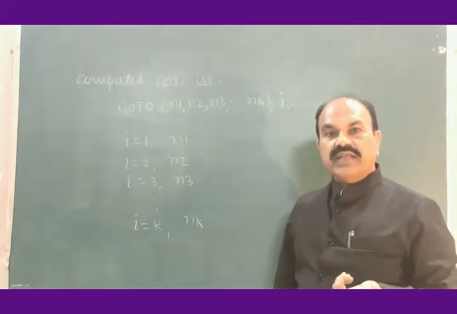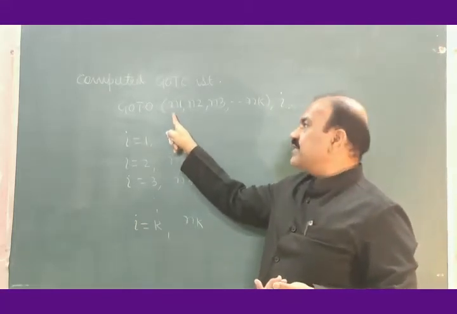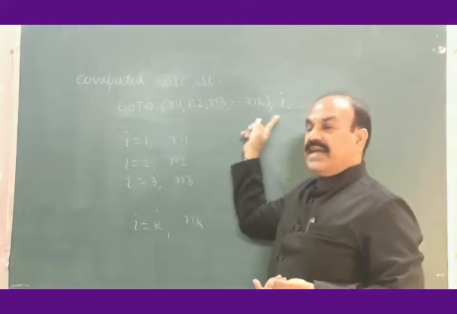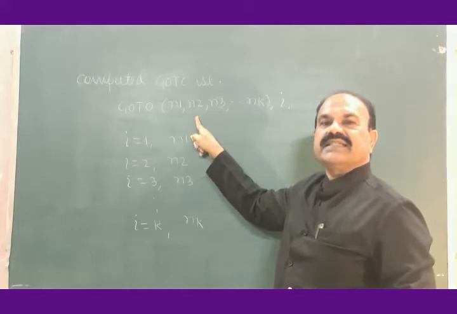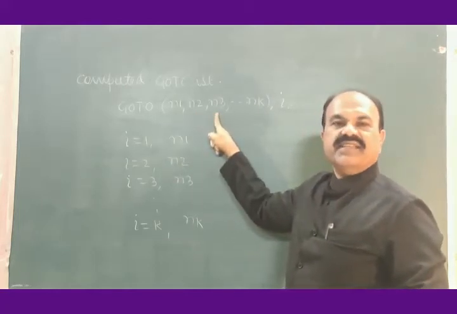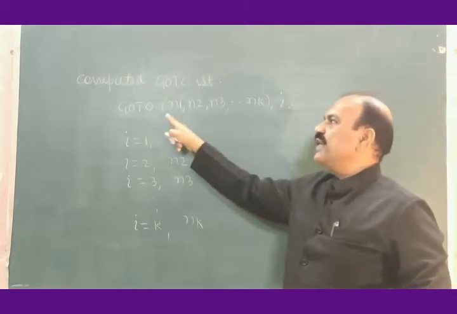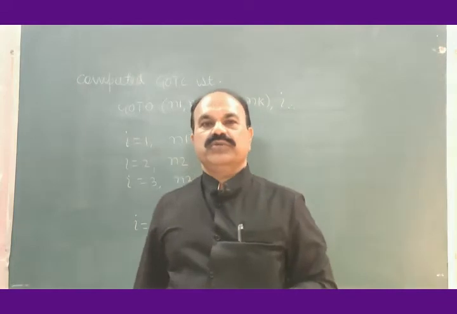If I is 1, control is transferred to the first statement in the bracket. If I is 2, control is transferred to the second statement in the bracket. If I is 3, to the third statement, if I is 4, to the fourth statement in the bracket and so on.